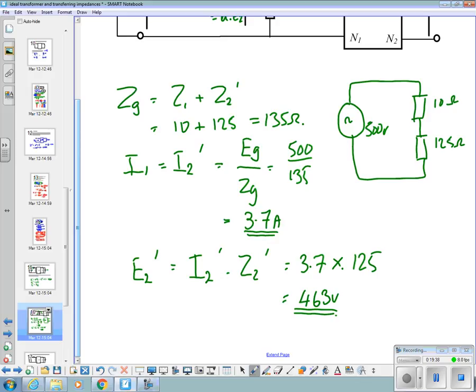Okay, so we've lost 37 volts across that little resistor.